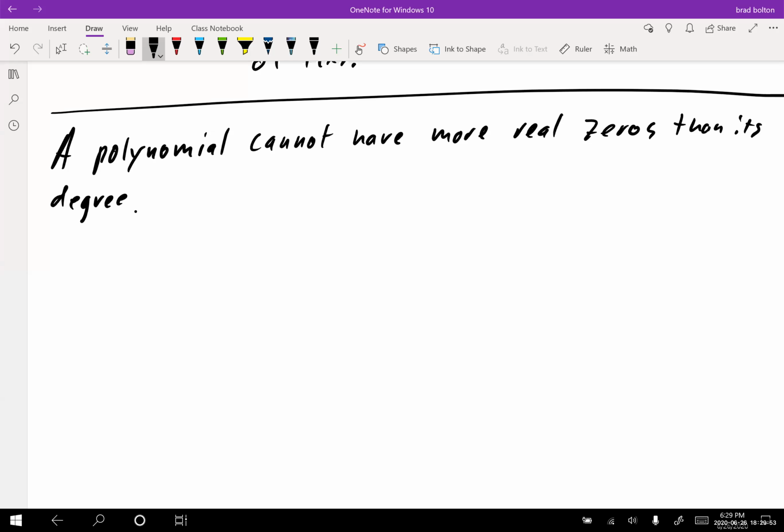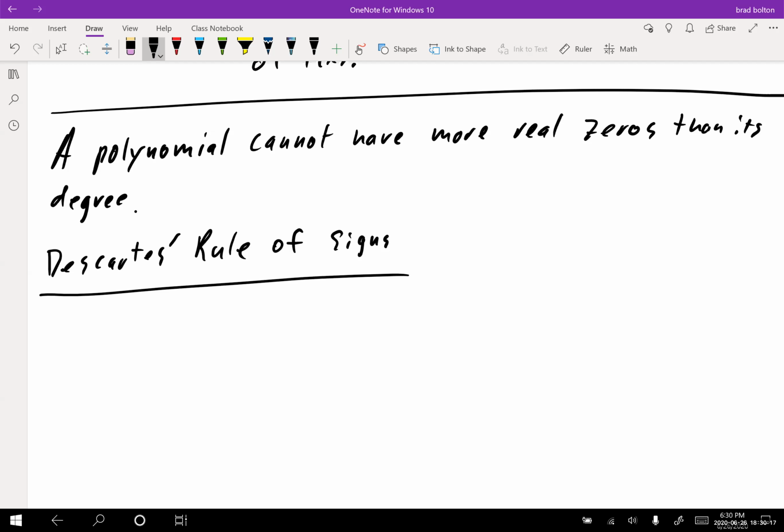So Descartes' rule tells us how to talk about these real zeros, and the number of positive and the number of negative, okay? So this is probably something many of you have not ever used before. This is not a very common thing, probably outside of this class or in much higher levels of math. Rule of signs.